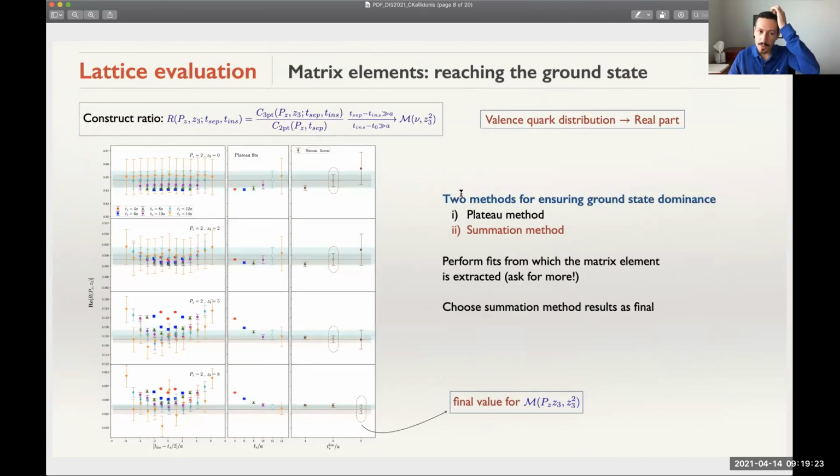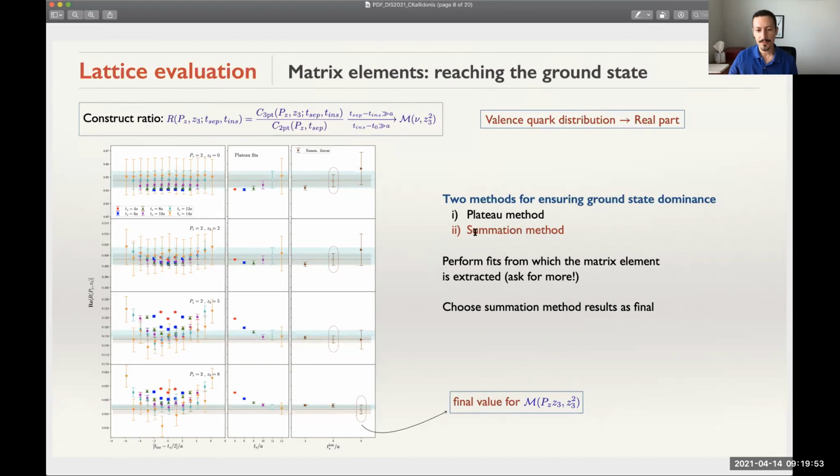All right, so having computed our correlation functions, we form a ratio of the 3- and the 2-point function, which in the large time limit is expected to give us the desired matrix element. And since we want the valence quark distribution, we consider the real part of this ratio. And to get the ground state matrix element, we consider 2 methods. One is the so-called plateau method. The other one is the summation method.